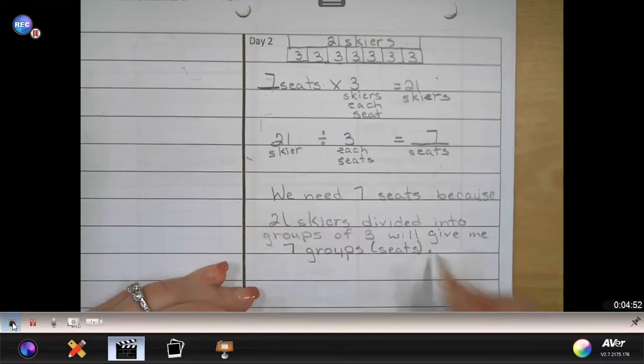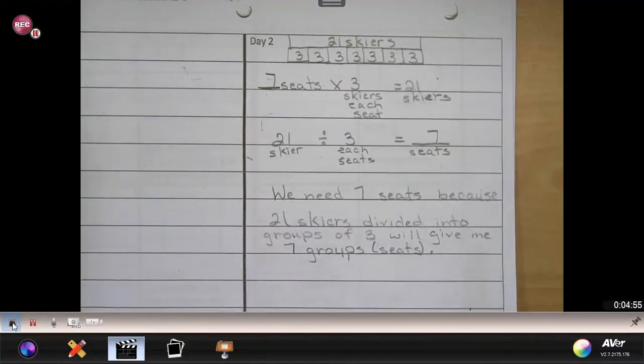That's my container, or how I'm putting them into groups.